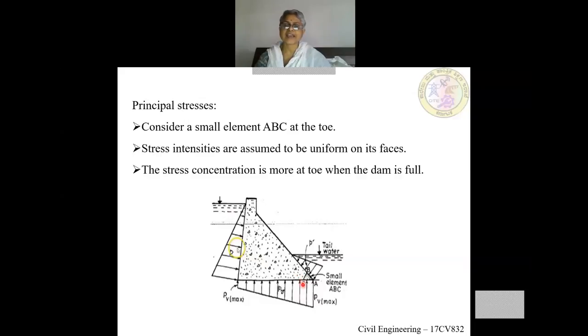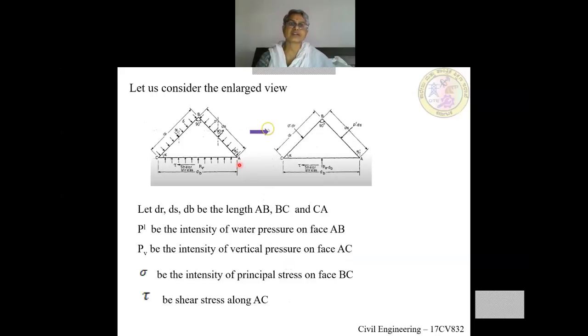Let us enlarge this small element and see how it looks. This is the face AC, at the bottom, where the stress intensity is PV, because of the uplift pressure. This is AB, whose length I have taken as ds, and here the stress intensity is P dash, because of the tail water.